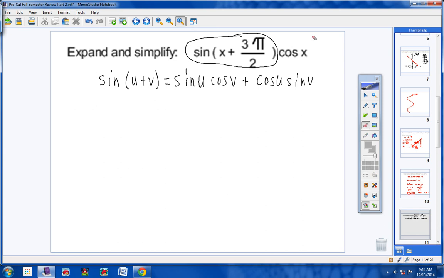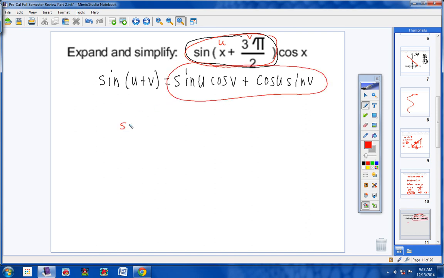With that in mind, I notice I have sine and 2 numbers being added like this, u plus v. So I'm going to call x my u. I'm going to call 3 pi over 2 my v. So here we go. Sine of u plus v equals all of this. So in place of this whole expression right here, I'm going to put this.